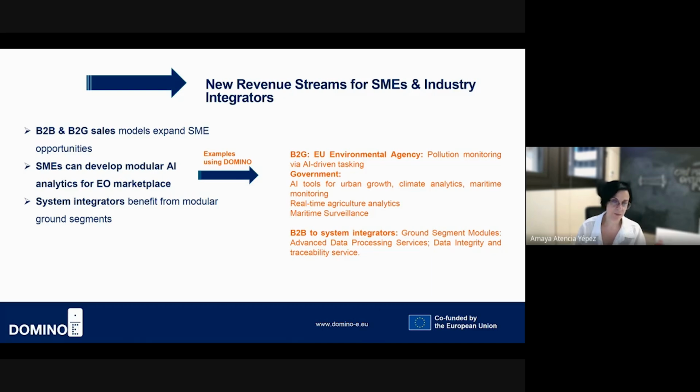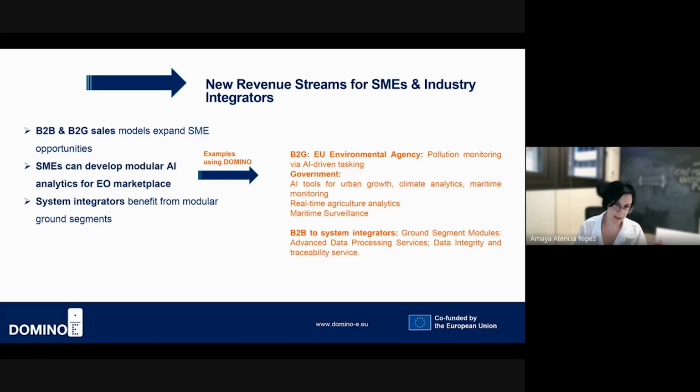SMEs can develop vertical AI-driven services by focusing on AI-powered analytics and automation, and develop services for specific verticals like agriculture, forestry, climate and environment, or logistics and infrastructure, security and defense.